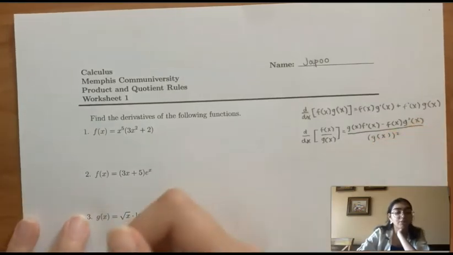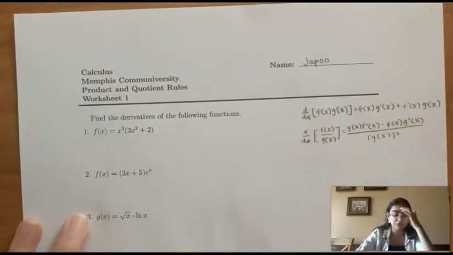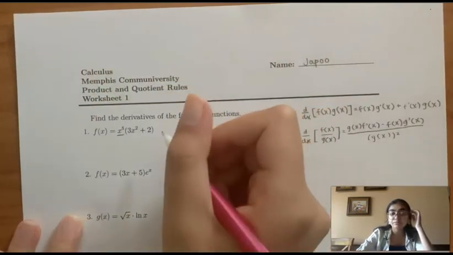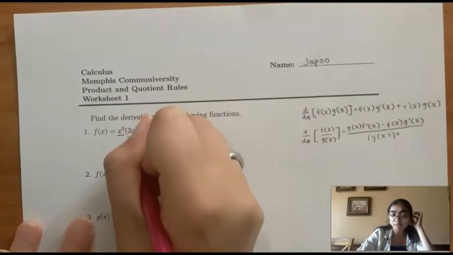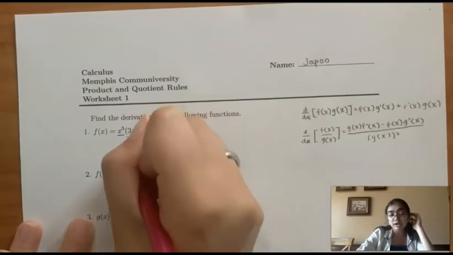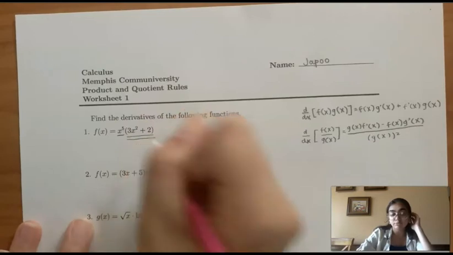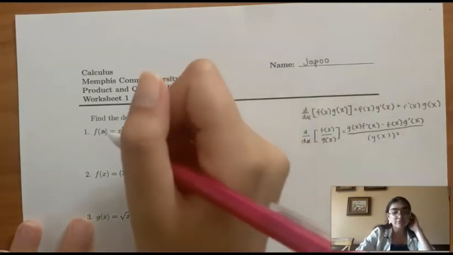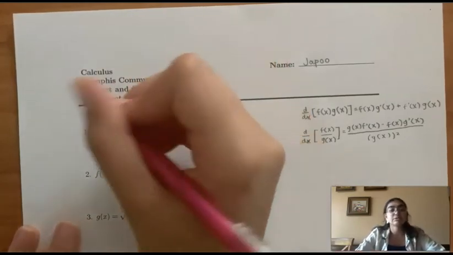So our first problem on this worksheet is where we need to use the product rule. I like to underline the components of my product to kind of differentiate them and keep track of what I've taken the derivative of and what I've kept the same.